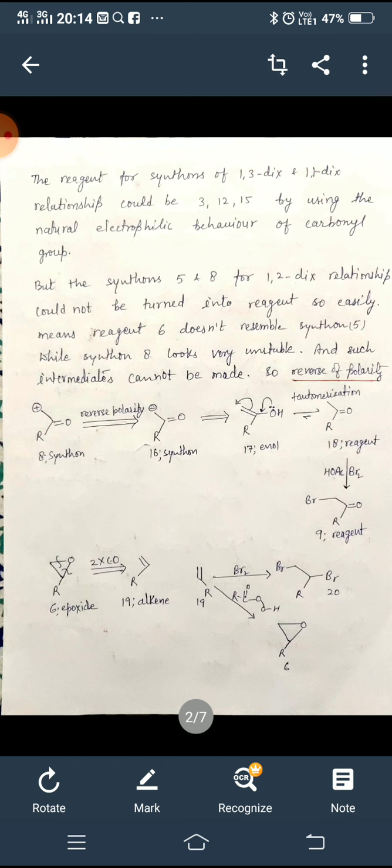This phenomenon is called reversal of polarity, by which we get reliable reagents for the 1,2, 1,3 and 1,1 disconnections.